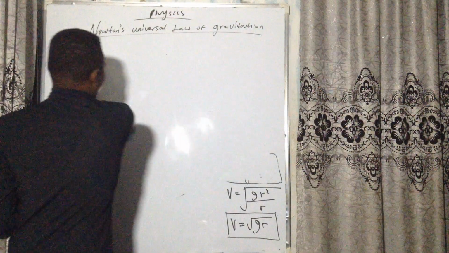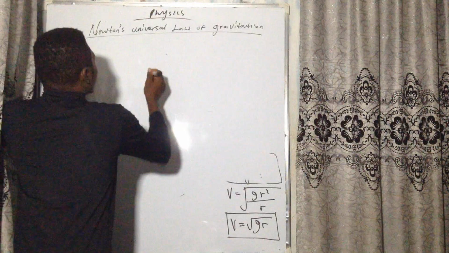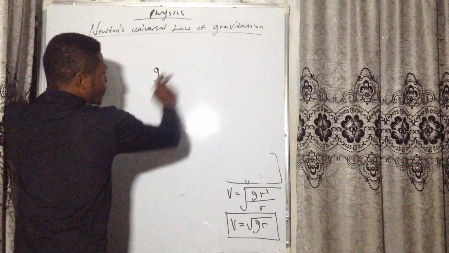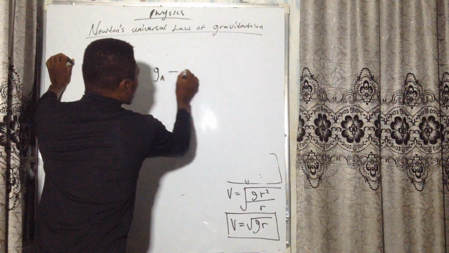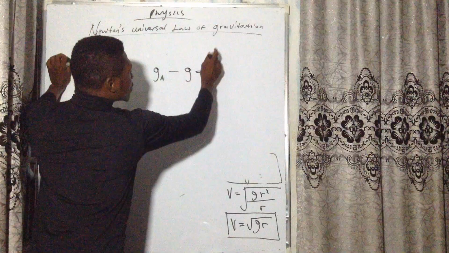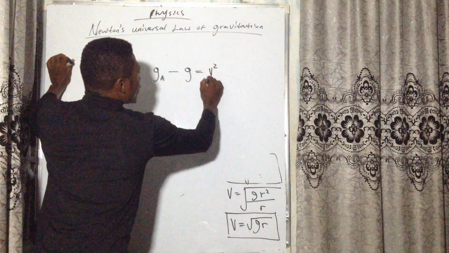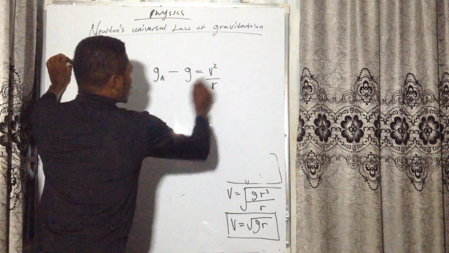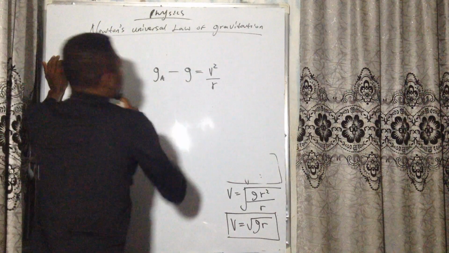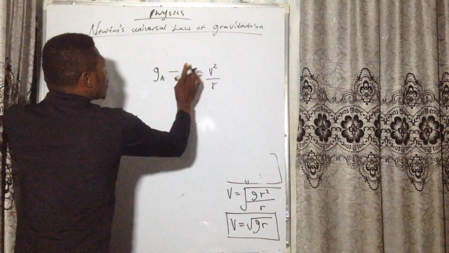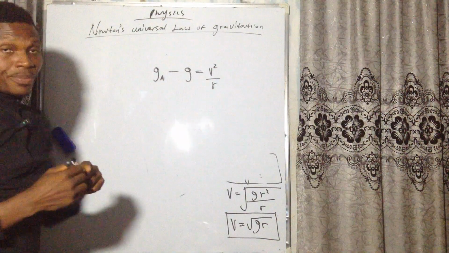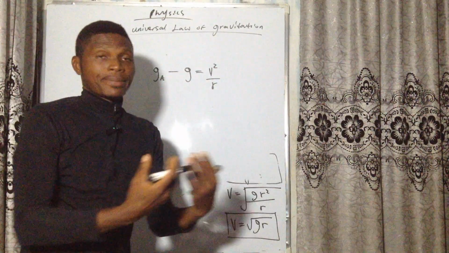So now the gravitational acceleration minus the free fall acceleration is equal to V squared over R. This is the gravitational acceleration, the acceleration that the Earth is providing.